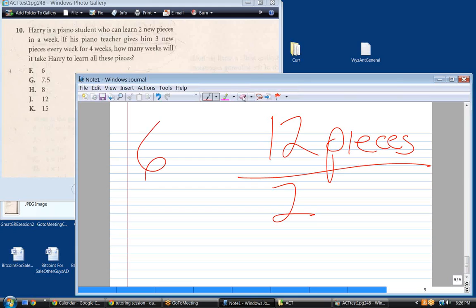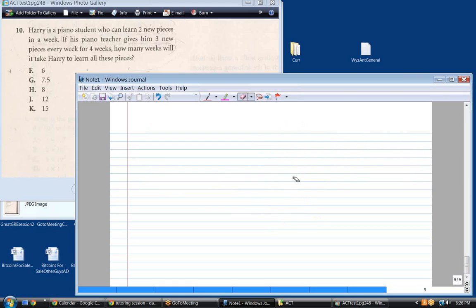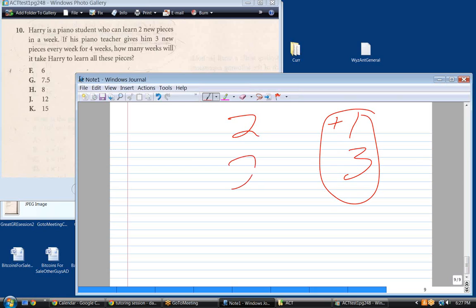What makes this problem complicated and potentially problematic for people is if you try to do it the following way. If you tried to say, well, in week 1, I'm going to do 2 of the 3 she gave me, so I will have done 2, but I'll have 1 more to do. And then in week 2, she's going to give me another 3 pieces, so I'll have 4 to do, and I can do 2.